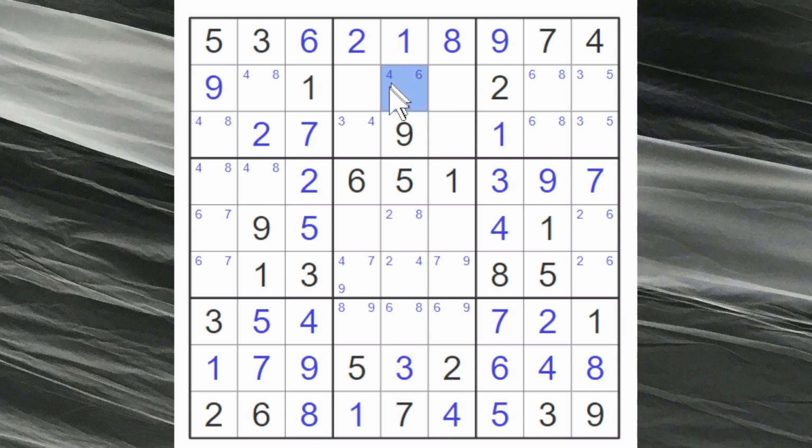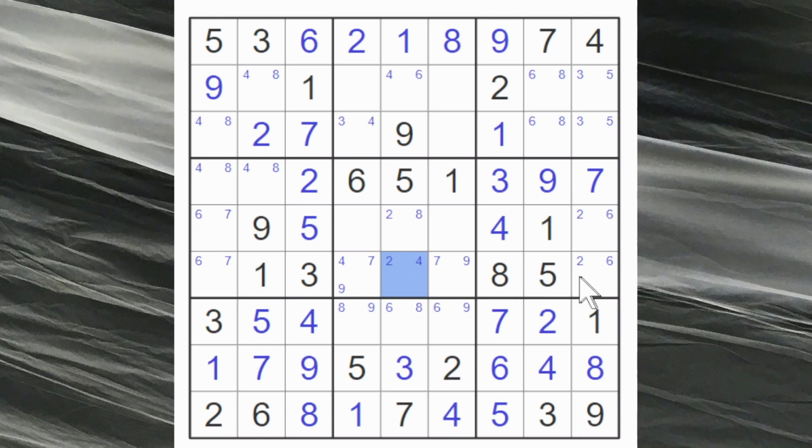Let's imagine that this is a 6, shall we? If this is a 6, it is clear that this cannot be a 6. And therefore this must be a 6. I think that is clear, right? If this is not a 6, then it is a 4, because it can only be a 4 or a 6. So if this is a 4, then this here must be a 2.